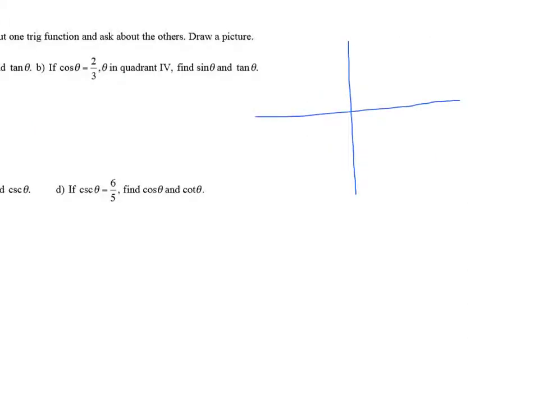So for this one, I know the cosine's 2 over 3, so the adjacent side is 2, the hypotenuse is 3. This opposite side is going to really be theta, isn't it? So this is really theta. That's just the reference triangle.